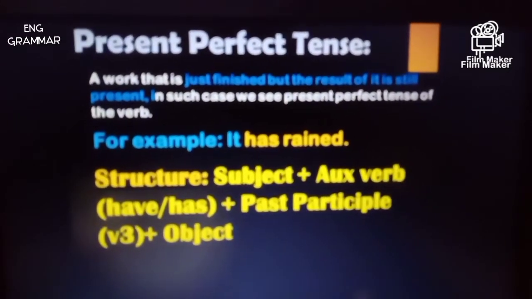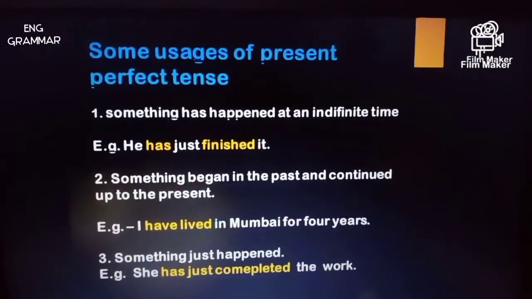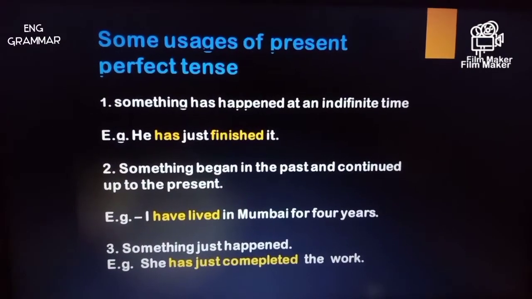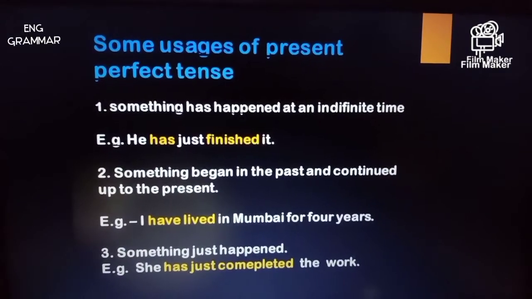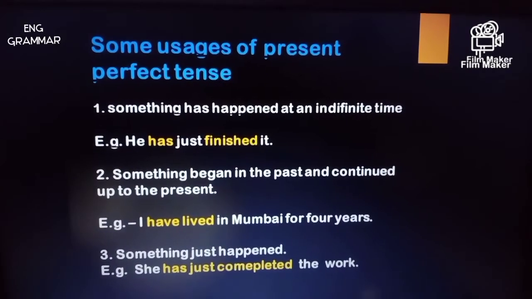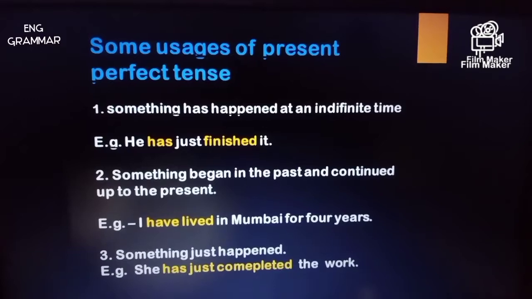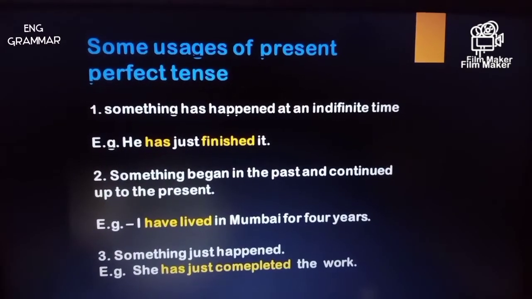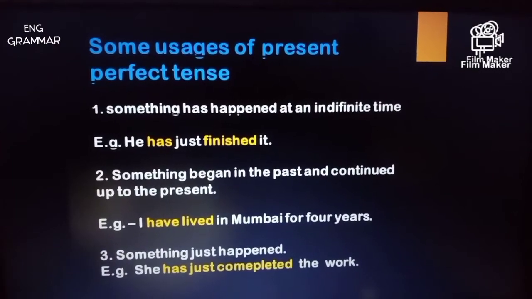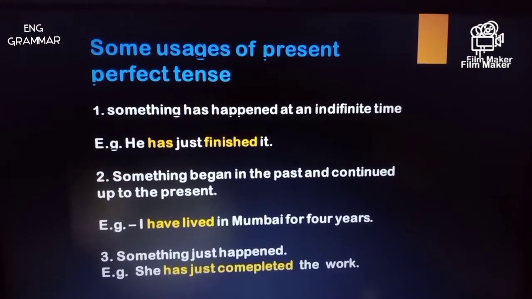Let's try to understand the usages of the present perfect tense. Some usages. First one, something has happened at an indefinite time. There is no fixed time when the action has been completed. For that we can use the present perfect tense.